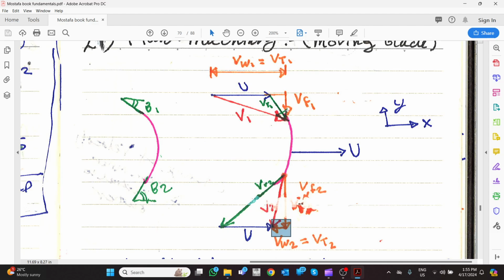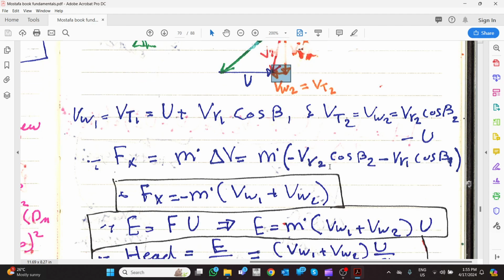You see this direction, its direction is in here, and you see this direction is reversed, so it goes against x in the opposite direction, so it is a minus. So v2 minus v1. Imagine if this plate is straight like this, it will not be minus, but because it changes the direction, it will be minus relative velocity cosine beta 2.